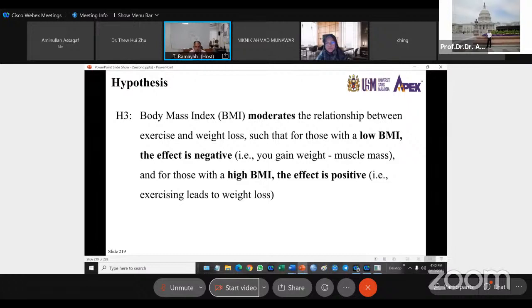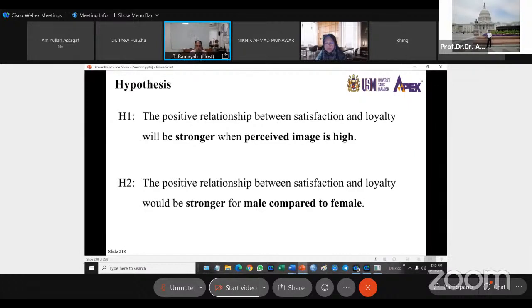Body mass index moderates the relationship between exercise and weight loss, such that for those with low BMI, the effect is negative, and for those with high BMI, the effect is positive. So we have a cross sign, right? This also can be written upfront, but in the social science management area, this is the common hypothesis that is written for moderation. Okay, this is how you are supposed to write your moderation.